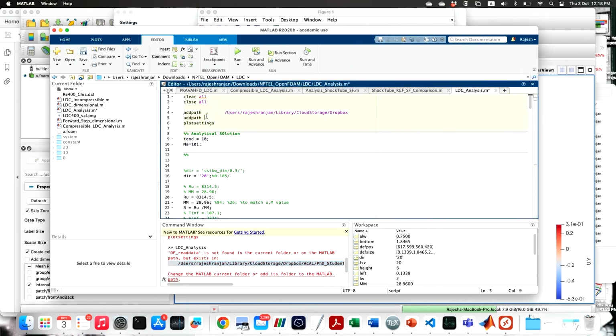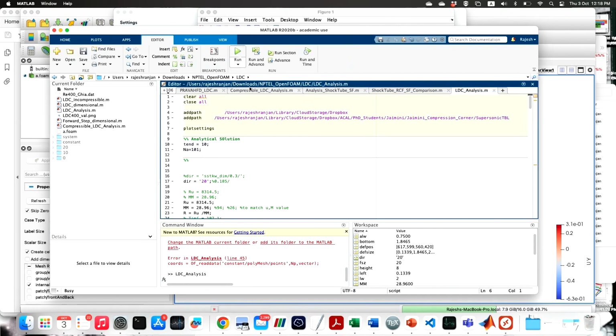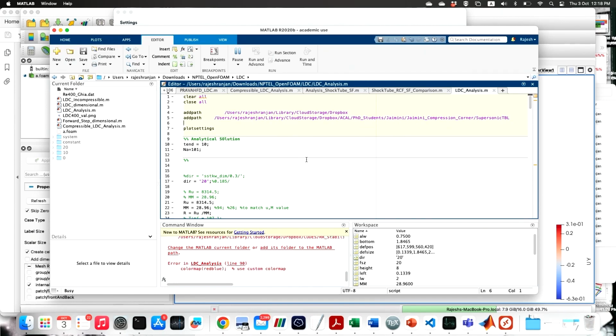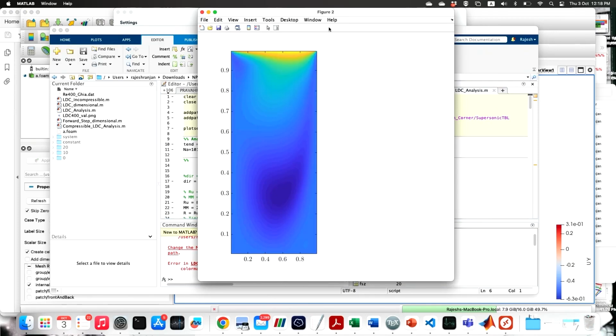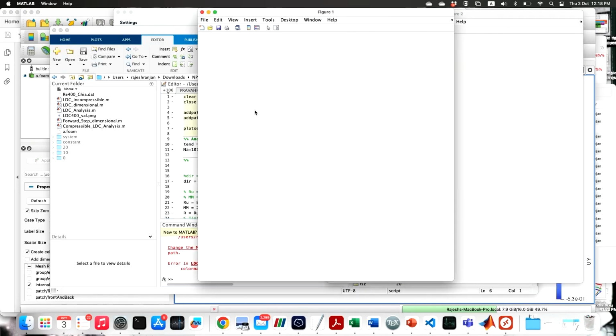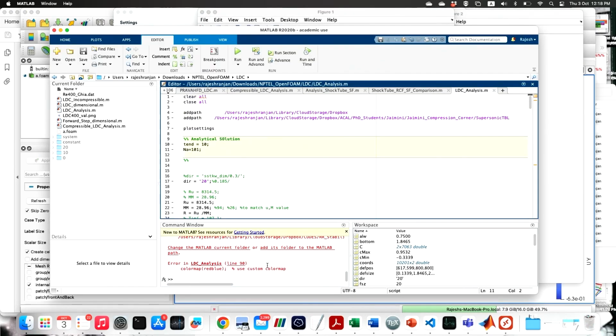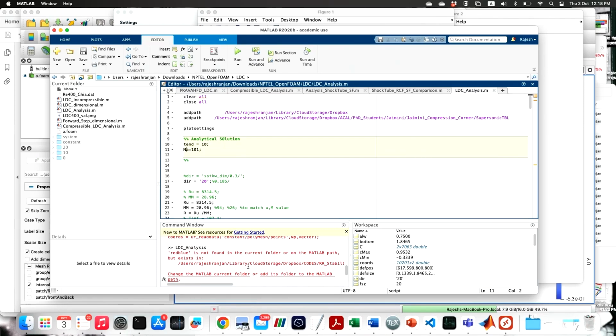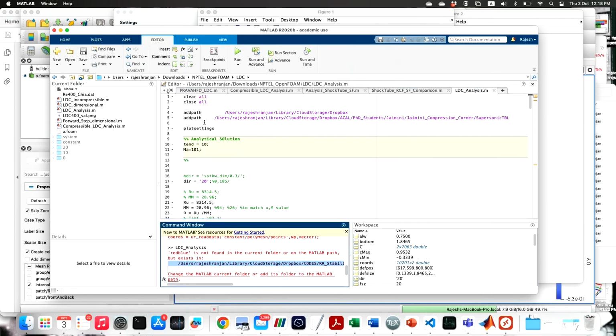Yeah, so now I am analyzing the flow. Why is it creating like this? Okay, because I moved the file.